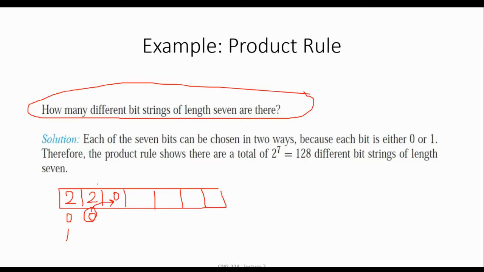So whenever they are independent, it's possible to find the number of ways something is possible by multiplying each one of these possibilities together using the product rule. It means that each one of them has two possibilities, and if you multiply all of them together, the final answer would be 2 to the power 7.